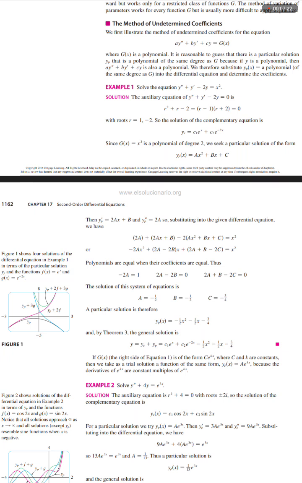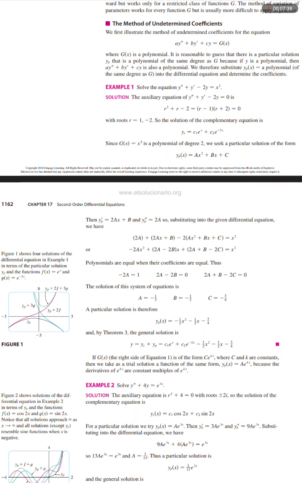Then y sub p prime equals 2A x plus B, and y sub p double prime equals 2A.